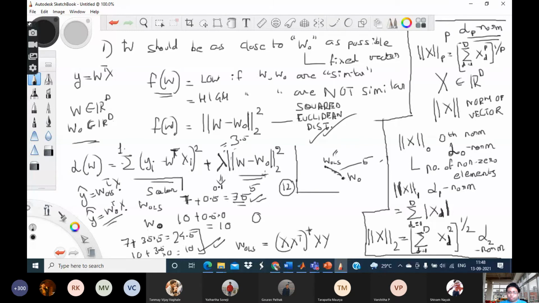If you put W equal to W naught, then this loss would be 0, but this loss can be higher. If you put some W which is neither WOLS nor W naught but something in between, then this will also have some loss, this will also have some loss. So it all depends. In all these cases, you will basically have to consider a weighted sum of these losses and then see which you can afford, in which case that total weighted loss is coming the least.